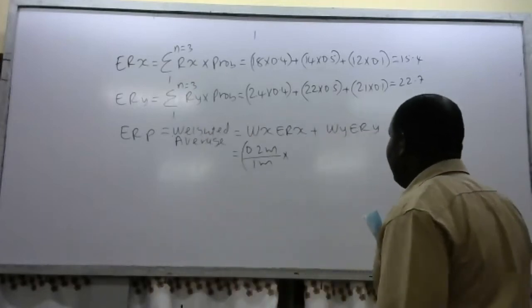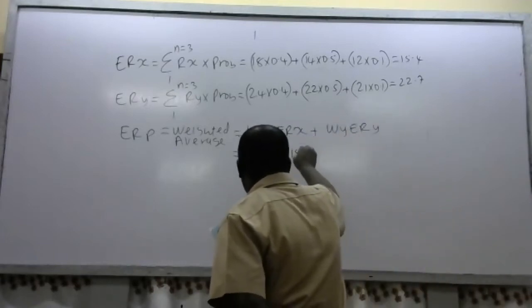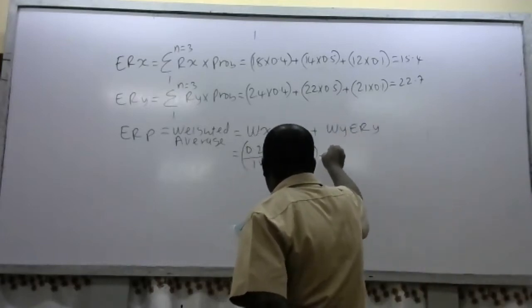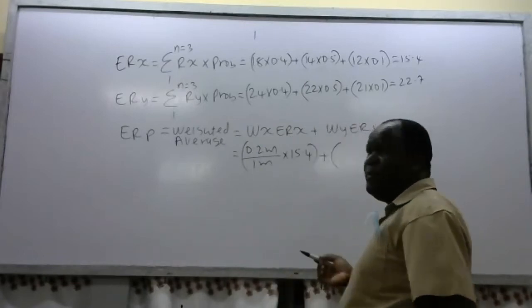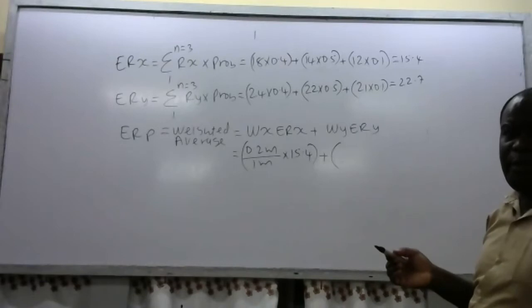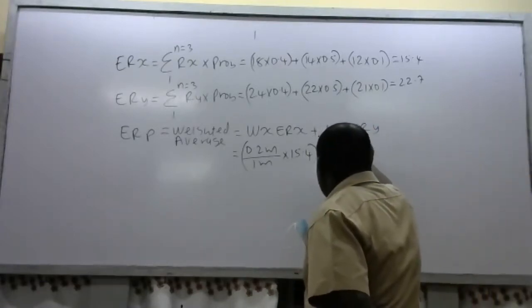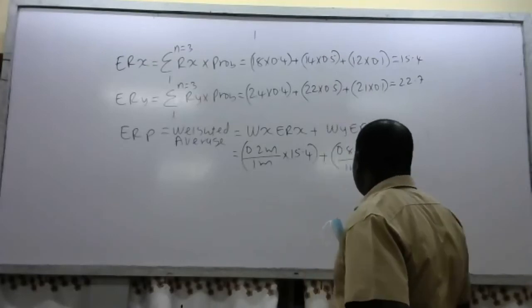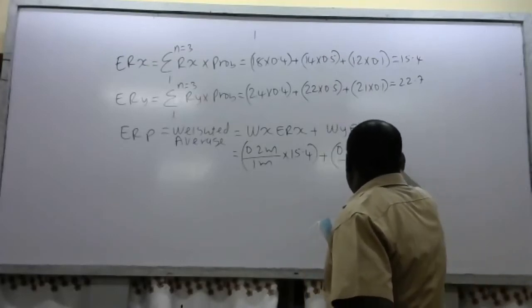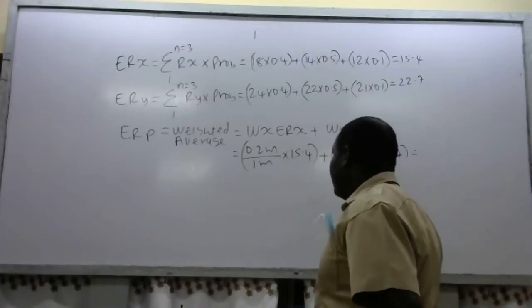Then multiplied by the expected return for X, which was 15.4, we add the weight for Y. The amount invested in Y was 800,000, which is 0.8 million, divided by the total of 1 million. So you multiply by 22.7 and add them together.